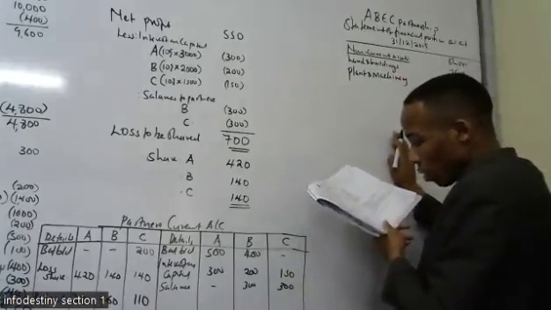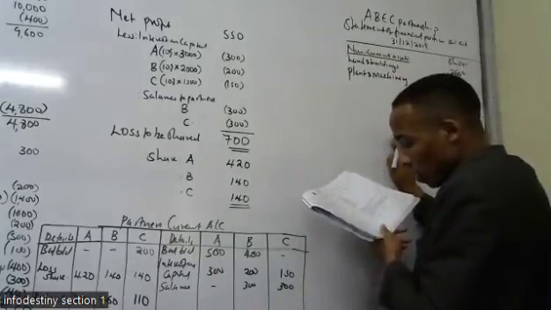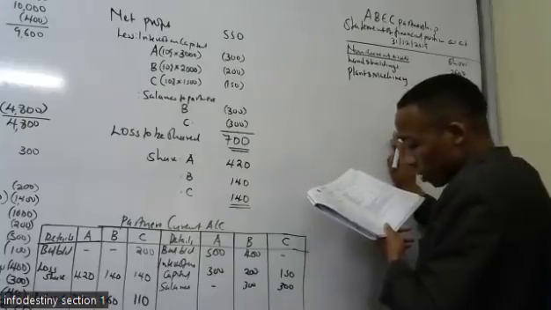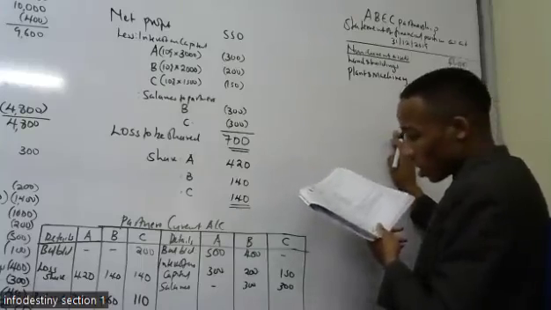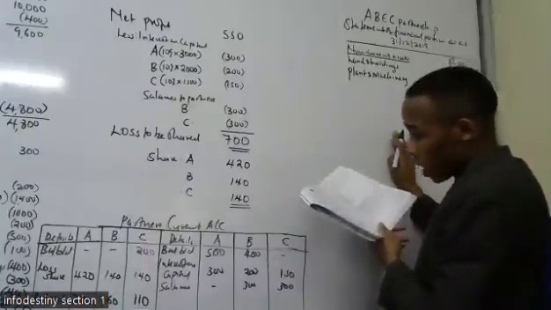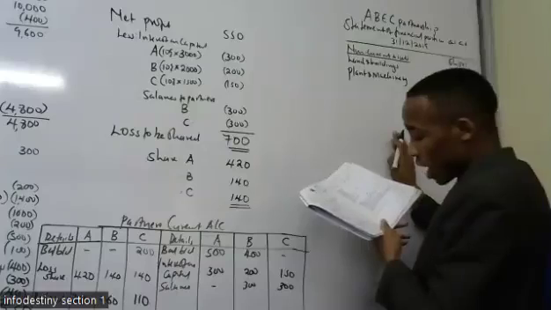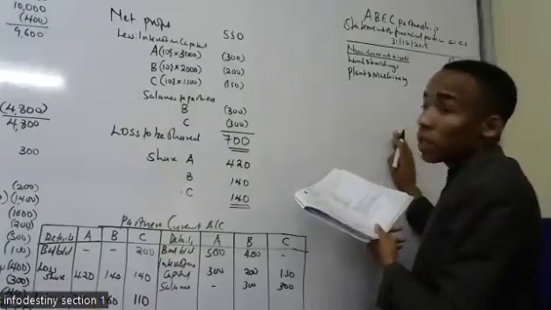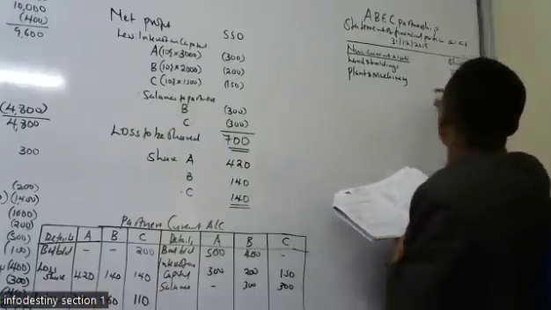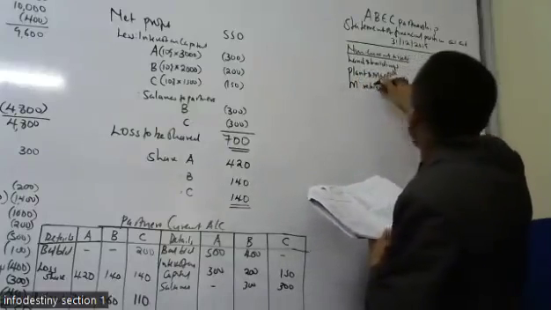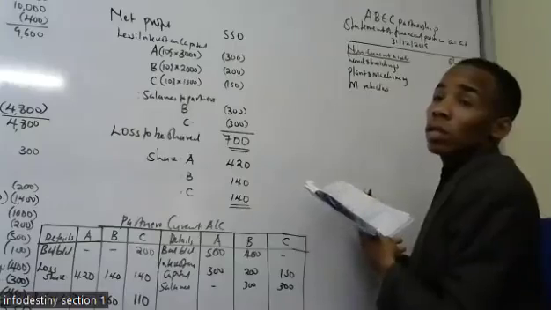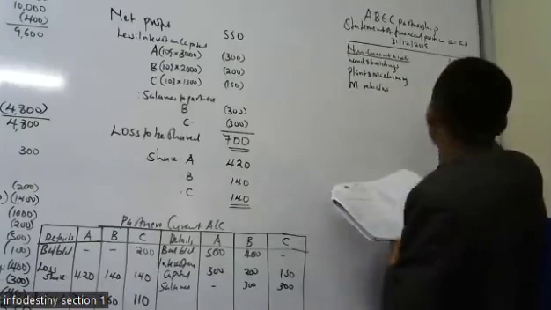Then we have motor vehicles, a cost of 3,000, accumulated depreciation of 500. Then the charge for the year is 450. So that is 3,000 minus 950, remain with 2,050.